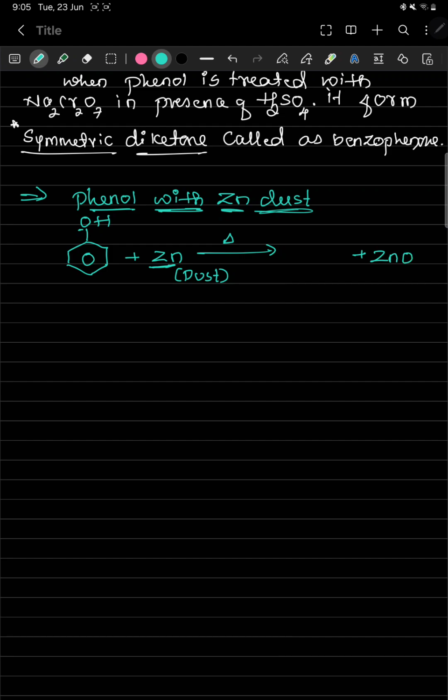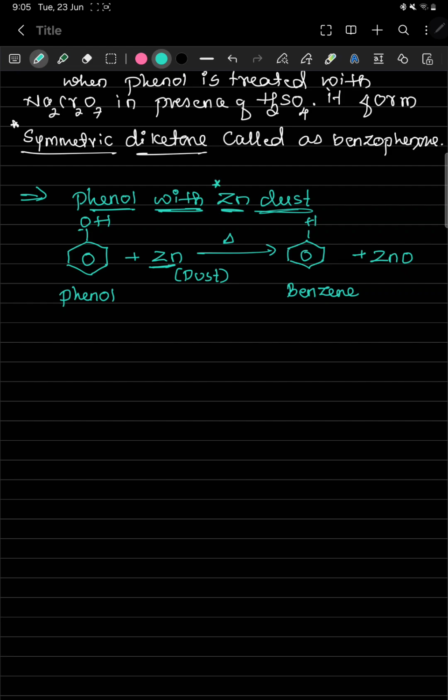So what is left then? On the 6-membered ring, hydrogen is left. So this is said to be phenol, whereas this is said to be benzene. So you can convert phenol into benzene by using zinc dust.